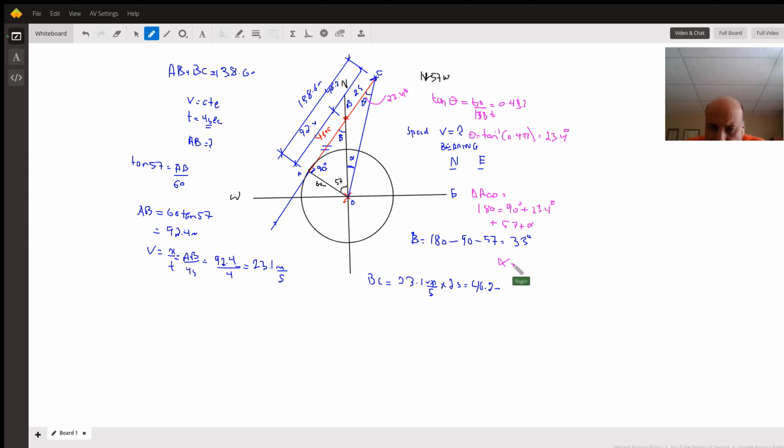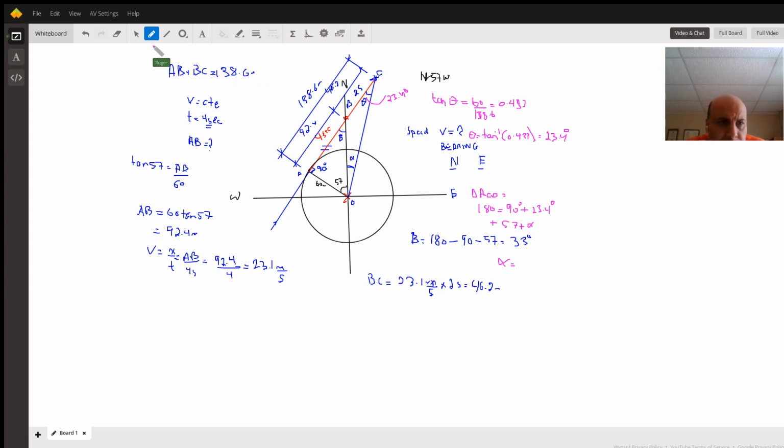So alpha is equal to 180 minus 90 plus 23.4 minus 57. So I did something wrong. So 180 equals 90 plus 23.4 plus 57 plus alpha.